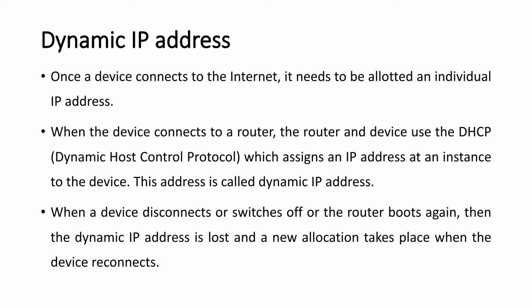This is called a dynamic IP address, that is, a runtime address. When a device disconnects or switches off, or the router boots again, the dynamic IP address is lost. Because it is an instant address, a new allocation takes place when the device reconnects.